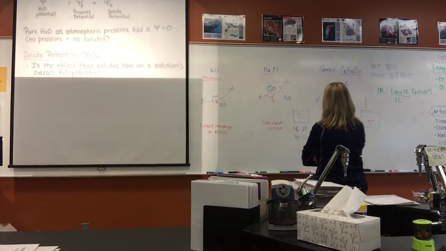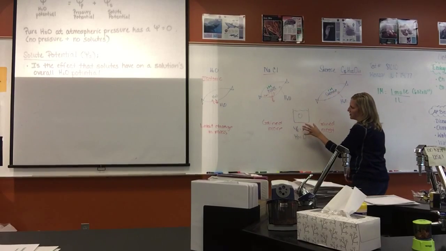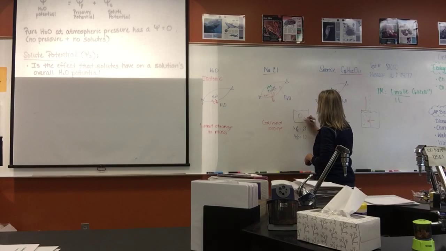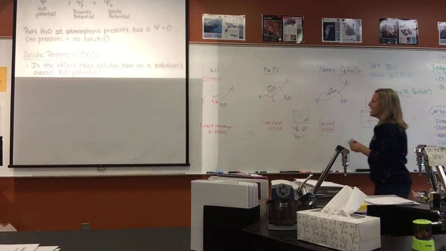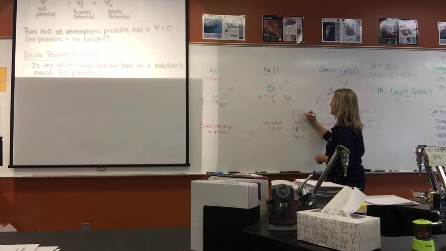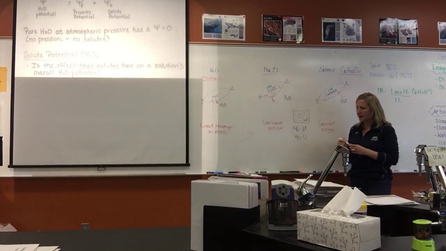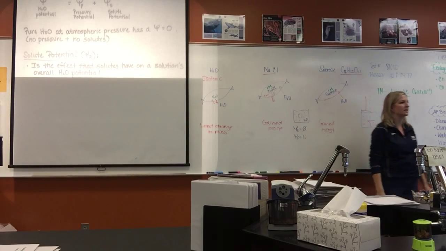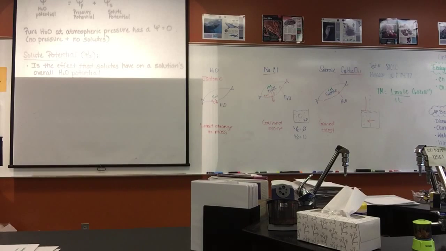So when you add solute, in this picture, if this is pure water on the outside and you put solutes in here, if I take this pure water with no solutes and add solutes to it, am I increasing or decreasing the likelihood of that water going into the cell? Increasing it or decreasing it?